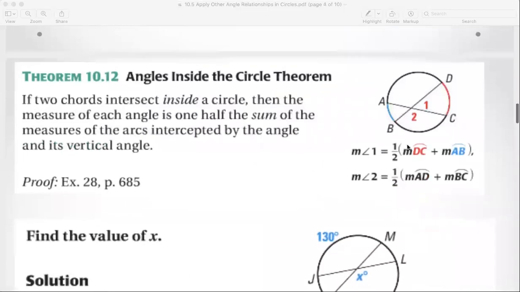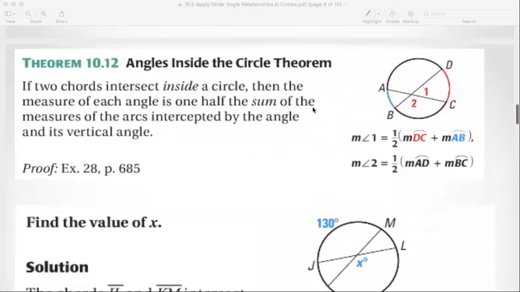Okay, so first let's talk about the butterfly when the lines intersect inside the circle. To find the angle that is within the butterfly wings, it's averaging the two arcs. So let me give you a real example here. Let's say this arc here is 60 degrees, okay? Let's say this red arc on this side is 100 degrees.